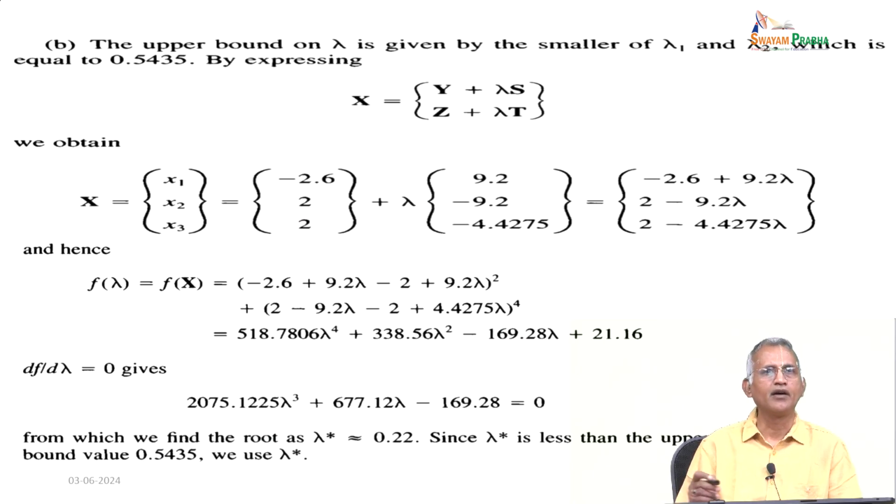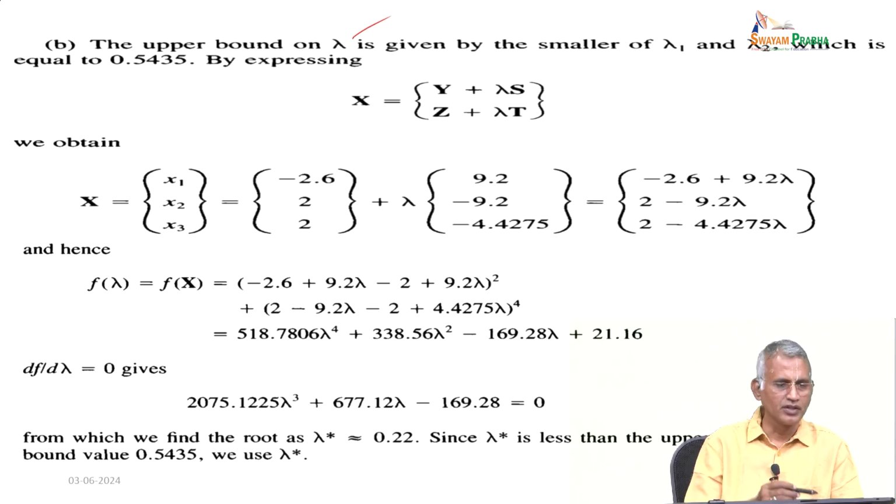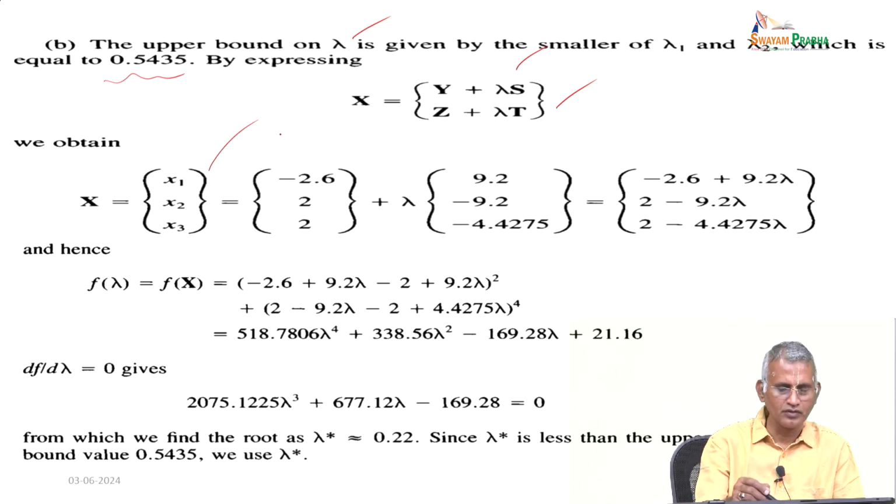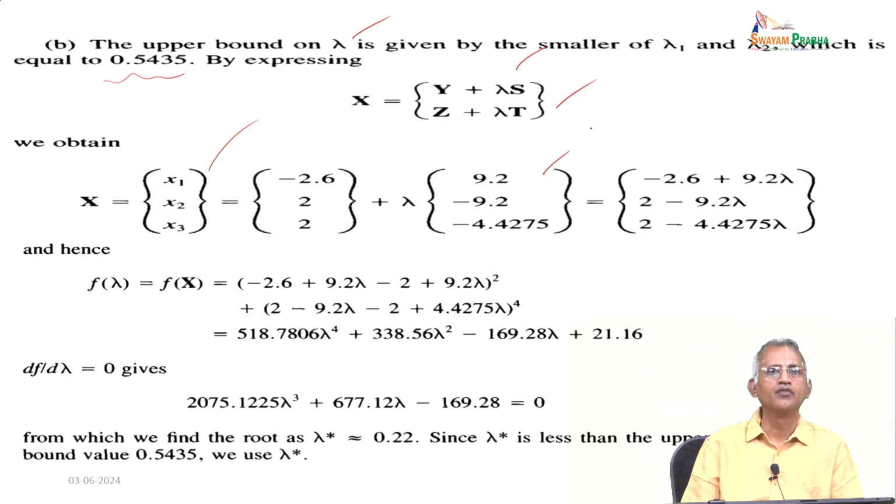Now, the upper bound on lambda is given by the smaller of lambda 1 and lambda 2, which is equal to 0.5435. By expressing x equal to y plus lambda S, z plus lambda T, we obtain x1, x2, x3 equal to minus 2.6, 2, 2 plus lambda times of 9.2, minus 9.2, minus 4.4275.